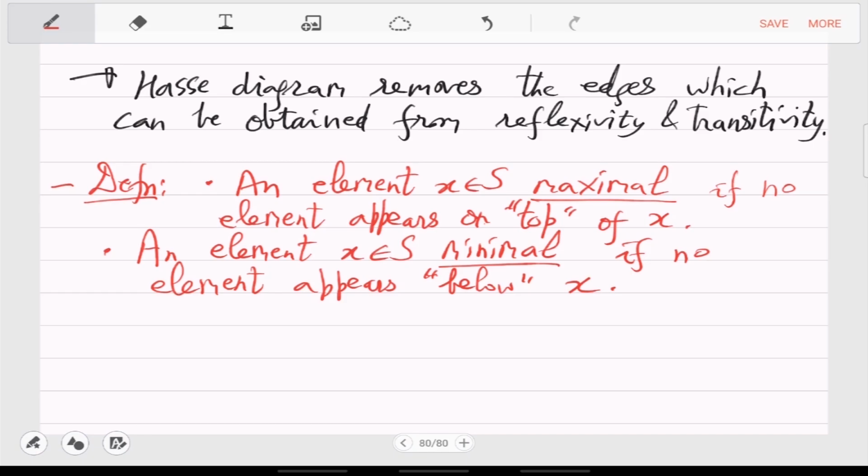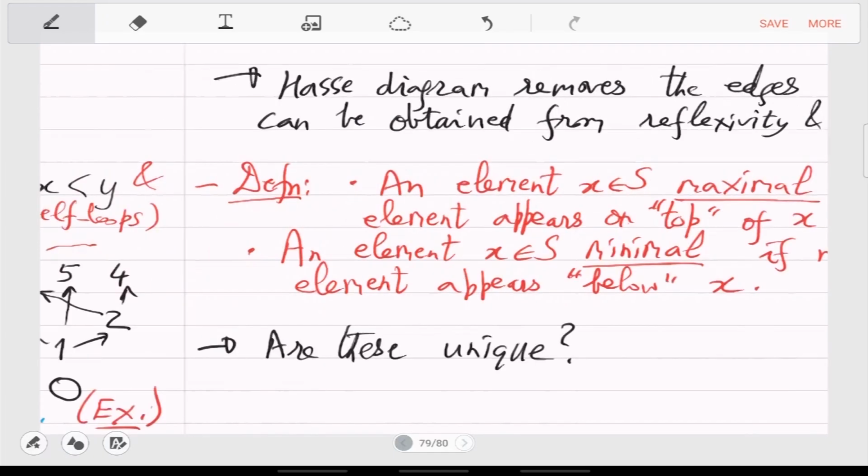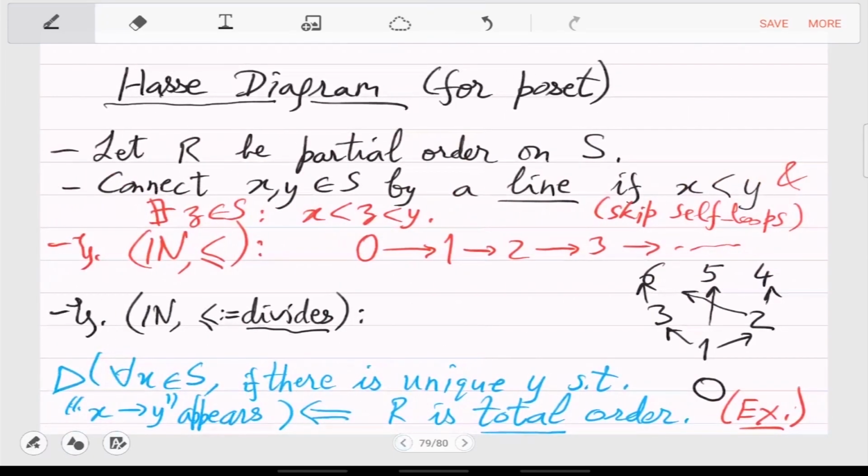Now, are these unique? Are maximal or minimal elements unique? What is an example? Correct. Or yeah, minimal you can see 0 and 1.